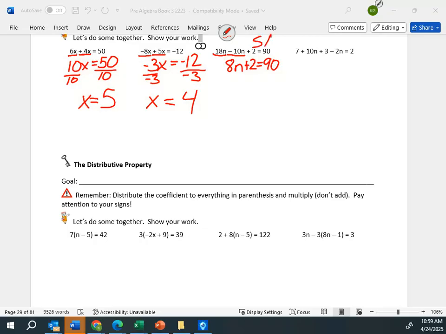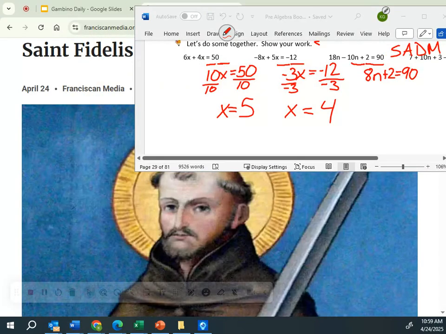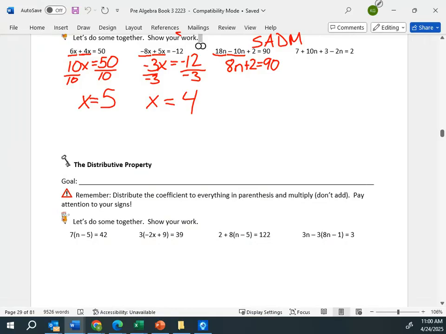So opposite operations is SADMER. Always fun with technology. So SADMER: we do subtraction or addition, then multiplication or division, opposite of what we have, because we want to go to the opposite side of the equal sign.